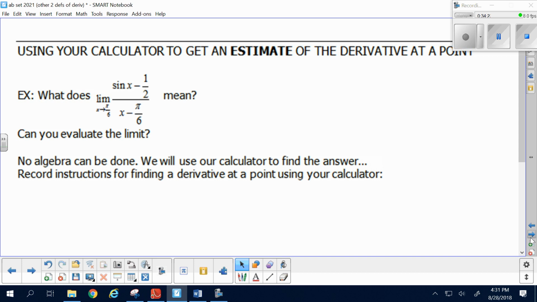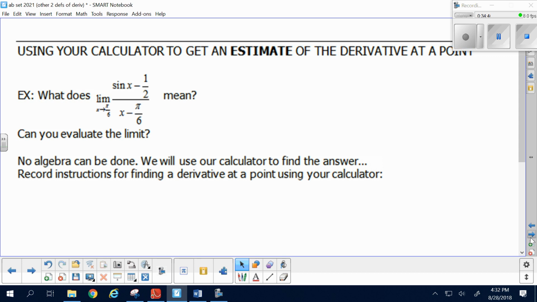So when you use your calculator, you're going to get a good numerical estimate of the derivative at the point. The calculator doesn't actually know calculus. It just makes a calculation that it feels is close to the change at the point. And close being like a 1,000th, a 10,000th, 100,000th, maybe a millionth away. I can't remember the Inspire delta x.